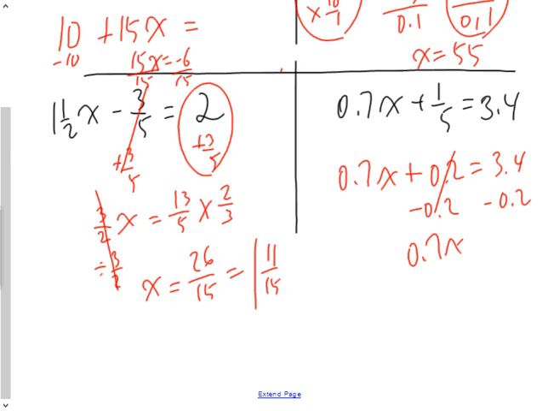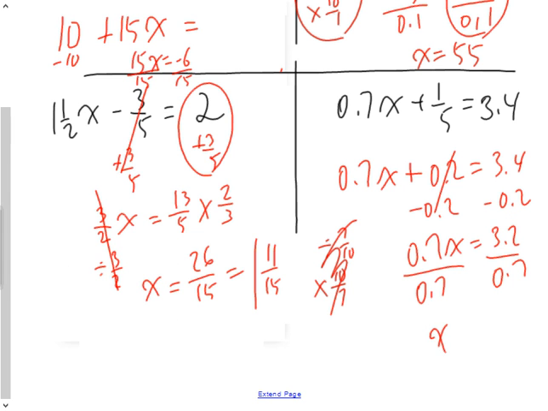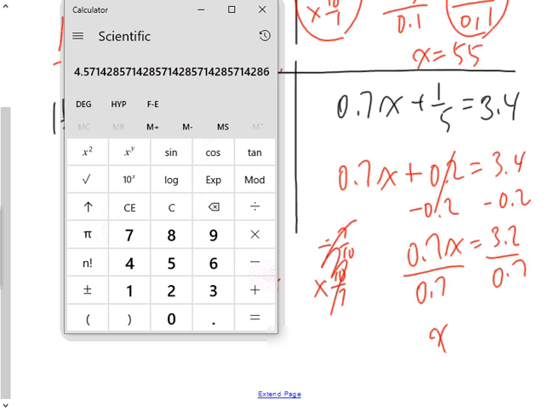I'm going to get 0.7x equals $3.40 take away 20 cents, which is $3.20. Divide both sides by 7/10. Remember, dividing by 7/10 is the same thing as multiplying by the reciprocal. Ooh, that doesn't help me. But 3.2 divided by 7/10 is, holy snap burgers, x equals, let's see if we can figure out what the repeating pattern is. 571428, 571428.